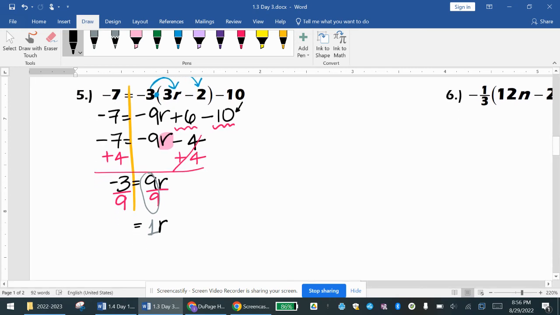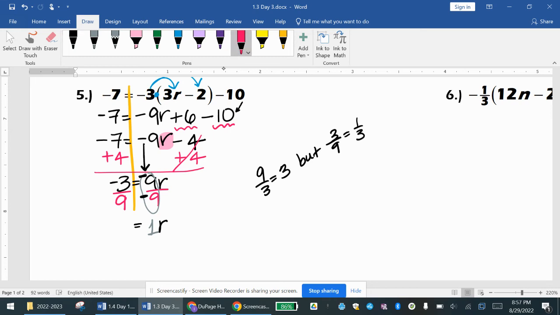Okay, so negative 3 divided by 9 is not 3. 9 over 3 is 3. But here we want 3 over 9. That's 1/3 because you could reduce by 3. Oops, and I just realized I forgot my negative 9 from over here. Very, very important not to lose any negatives.